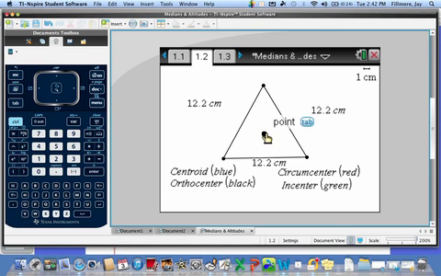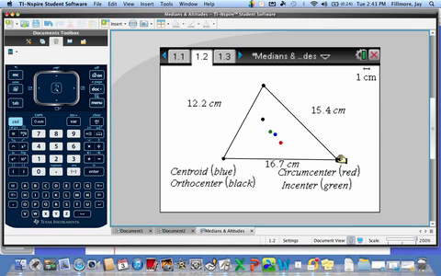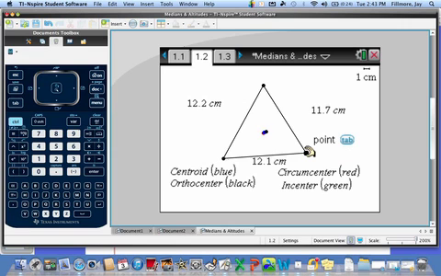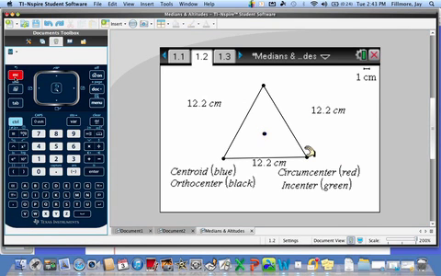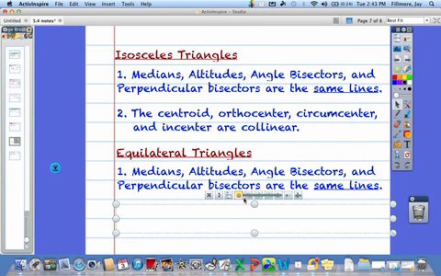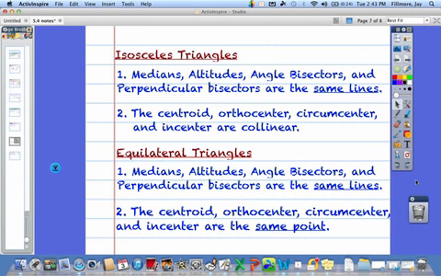So just to give you the visual of how that works, if I move this out, they're all different. If I make this more equilateral, they seem to drift towards each other and eventually will be on top of each other just like that. So, in an equilateral triangle, all of my special points are actually the same point, which is very interesting. So the centroid, the orthocenter, circumcenter, and incenter are actually the same point in any equilateral triangle.